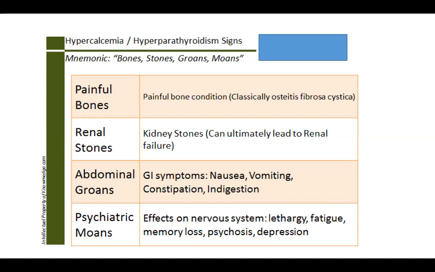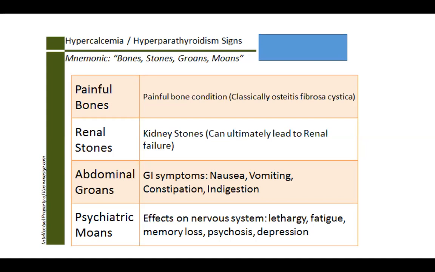The other one, increased serum concentration of calcium. They will cause renal stones, because when the blood, which is laden with increased calcium concentration, reaches the kidneys, there are chances that it may precipitate there in the form of stones. Abdominal groans.